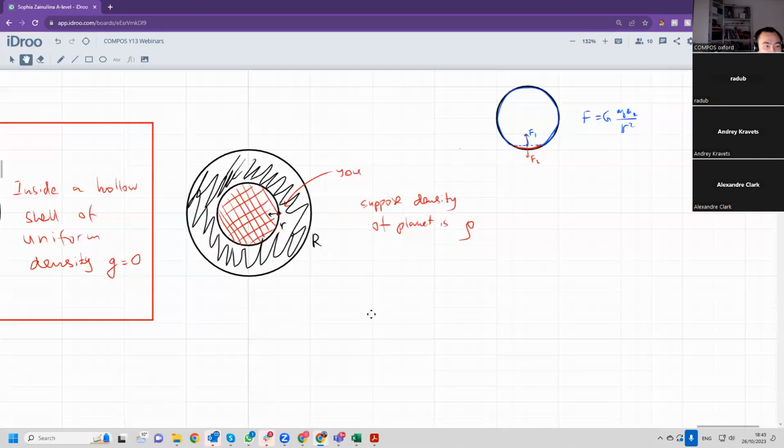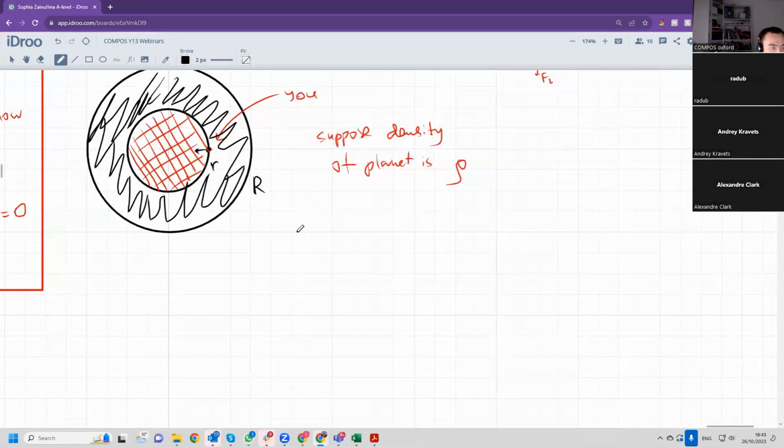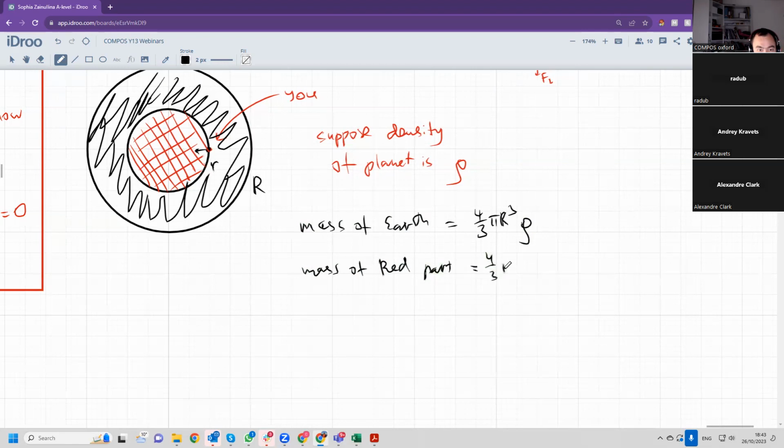The mass of Earth is 4/3 pi R cubed, that's the volume, multiplied by density. So mass of Earth is volume times density. The mass of the red part is 4/3 pi r cubed rho. That's the mass of this part.